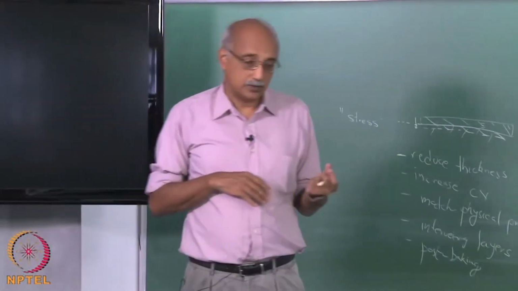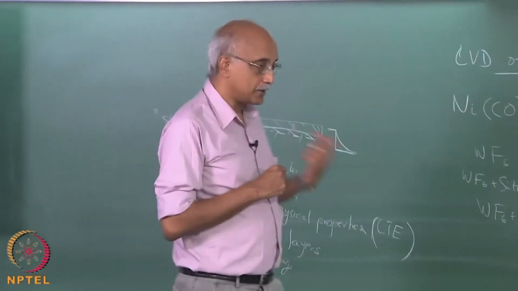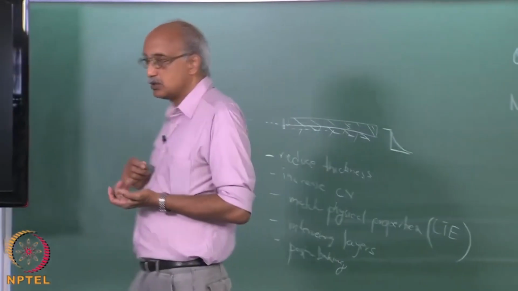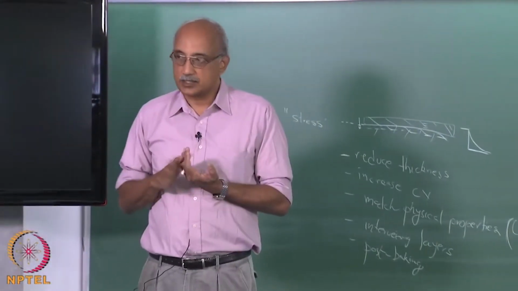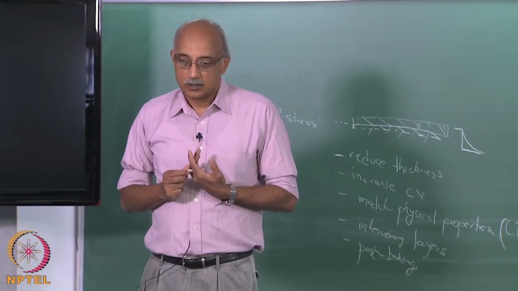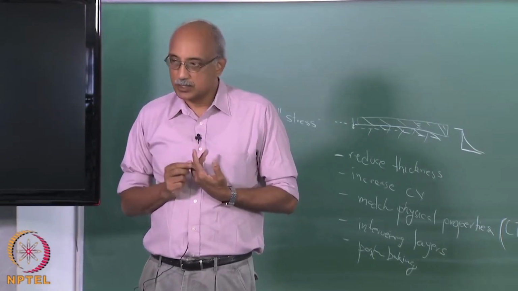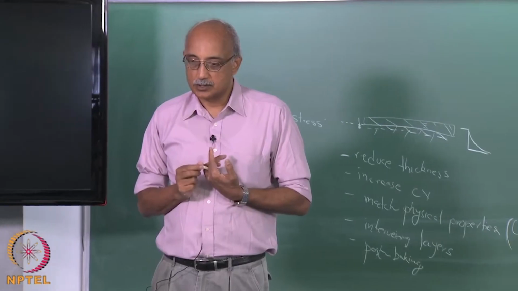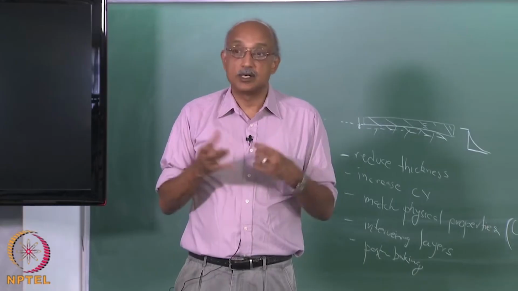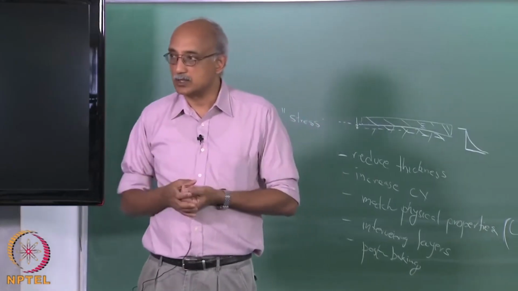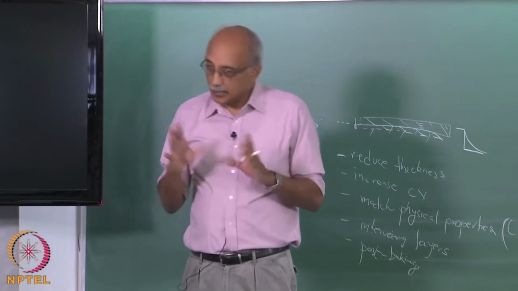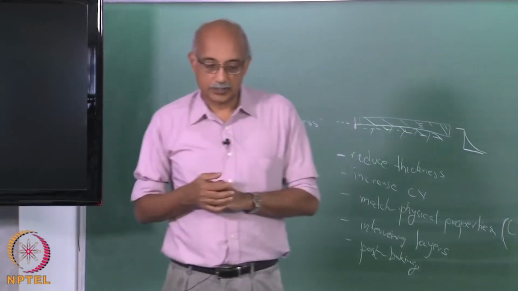Actually, the history of CVD coatings goes back to the 1950s. The aerospace industry was actually the first one to use coatings as a diffusion barrier. It was developed back in the 1950s by the US aerospace industry, which by the way has been responsible for many innovations. People talk about clean rooms that are used for semiconductor manufacturing, but clean rooms were actually invented by the aerospace industry to make rockets and space components.